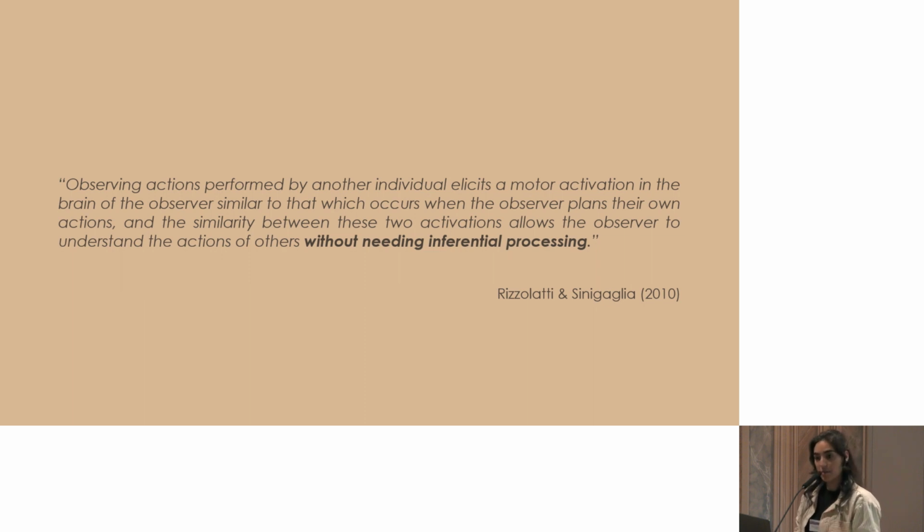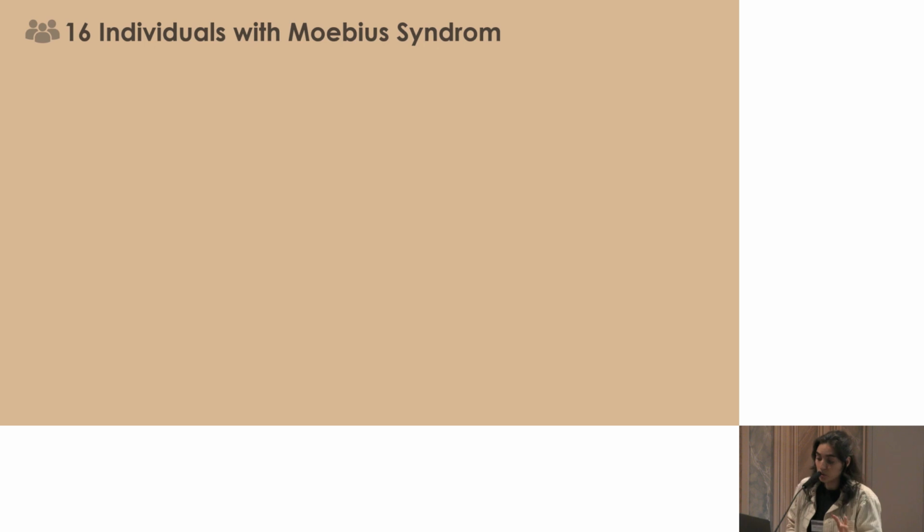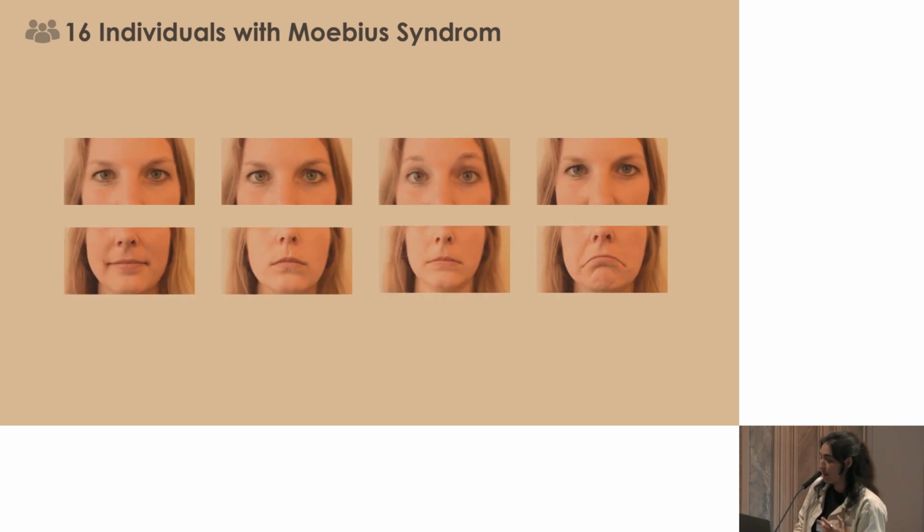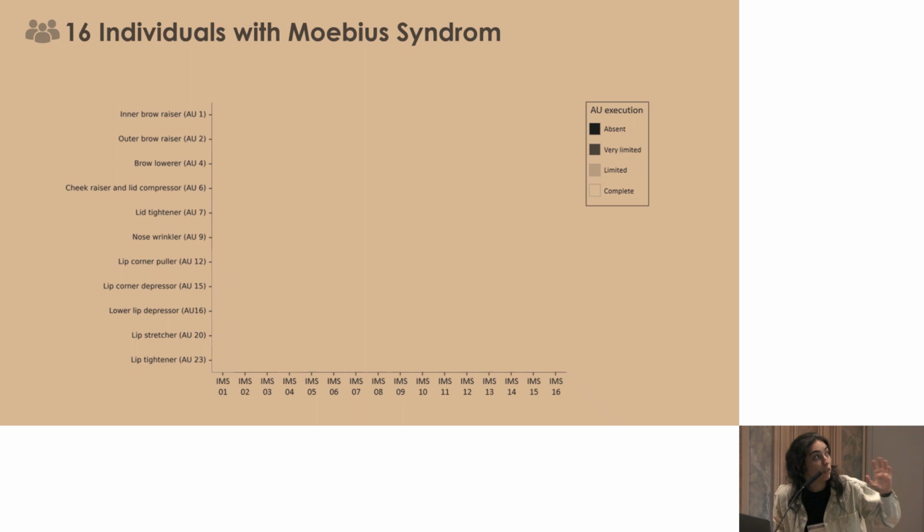So we tested that hypothesis. We recruited 16 individuals with Moebius syndrome, and to evaluate their ability to imitate facial expressions, we assessed their ability to execute facial movements involved in the production of the 6 primary facial expressions: joy, sadness, anger, disgust, surprise, and fear. Here on the y-axis, you can see the different facial movements that we asked them to try to perform, and the x-axis corresponds to the 16 individuals with Moebius syndrome.